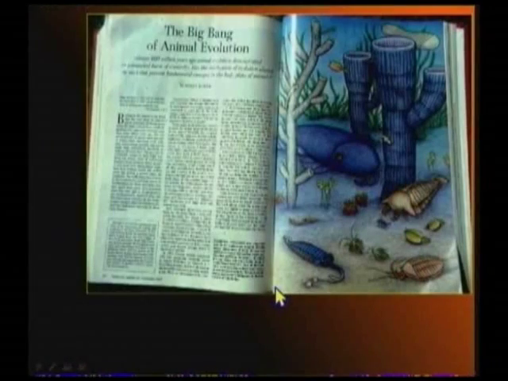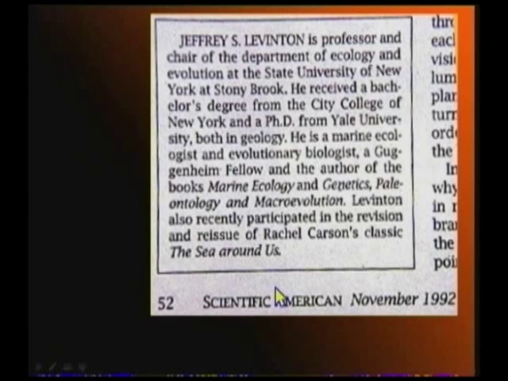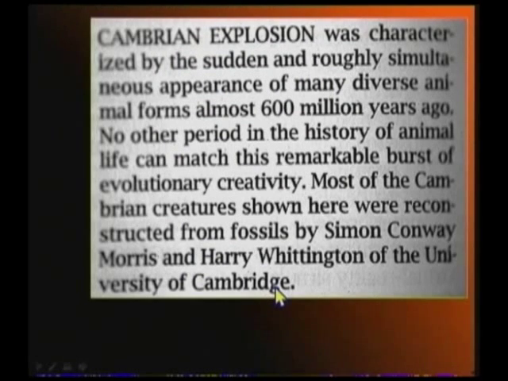Now here is the journal Scientific American, and it sums up this concept for us very succinctly. It's an article entitled "The Big Bang of Animal Evolution." And the author is Jeffrey Levinton. He's professor and chair of the Department of Ecology and Evolution at the State University of New York in Stony Brook. He published this in 1992, summing up the current knowledge on this particular issue.